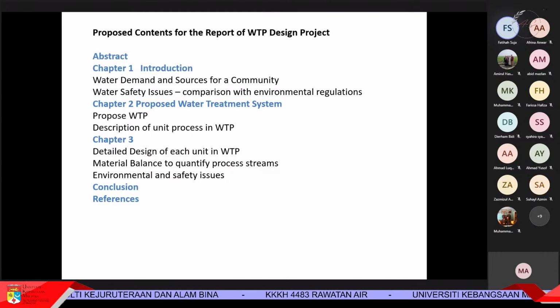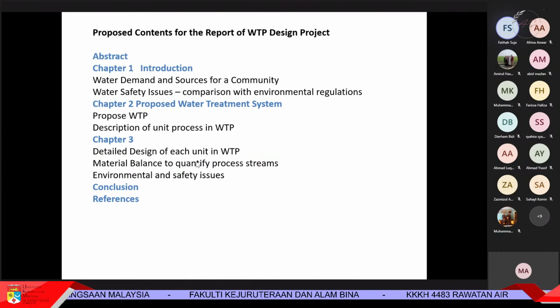Chapter 2, the proposed water treatment system, a description of unit process. And chapter 3, detailed design of each unit in your water treatment plant, the material balance to quantify process streams, meaning that whatever comes in from your unit operation must come out from your unit operation.